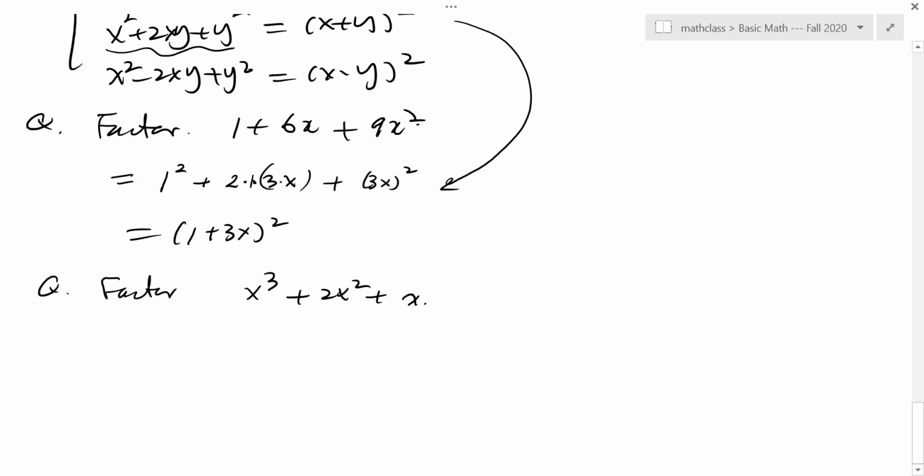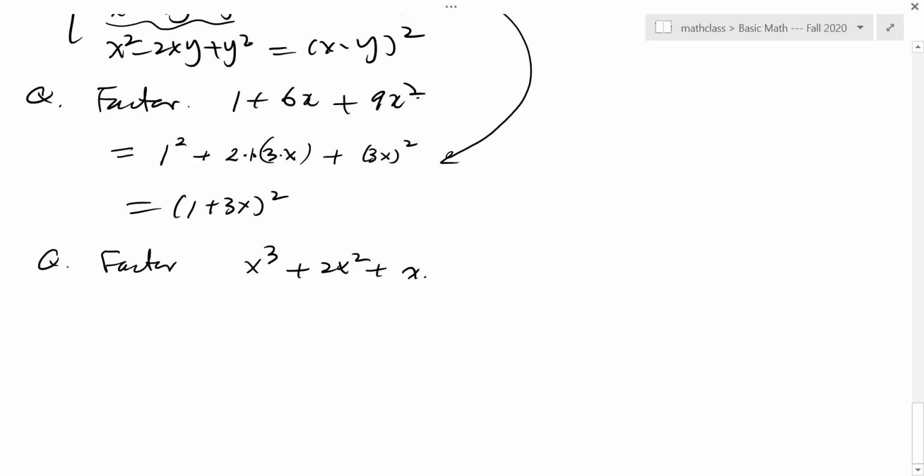Right, and Rebecca, do you have an answer now? No? Okay. x cubed plus 2x squared plus x. You should see a common factor immediately, right? Take it out. Eric, you're halfway towards the final answer.